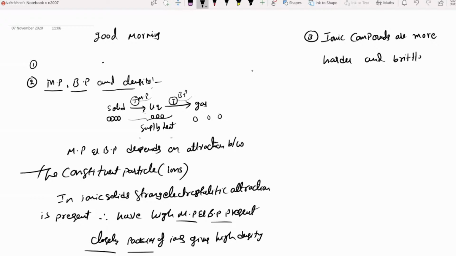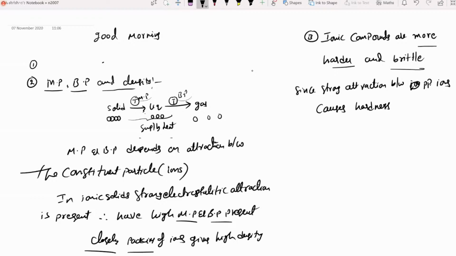Why are they harder? Because of strong attraction. Since there is strong attraction between opposite ions, it causes hardness.